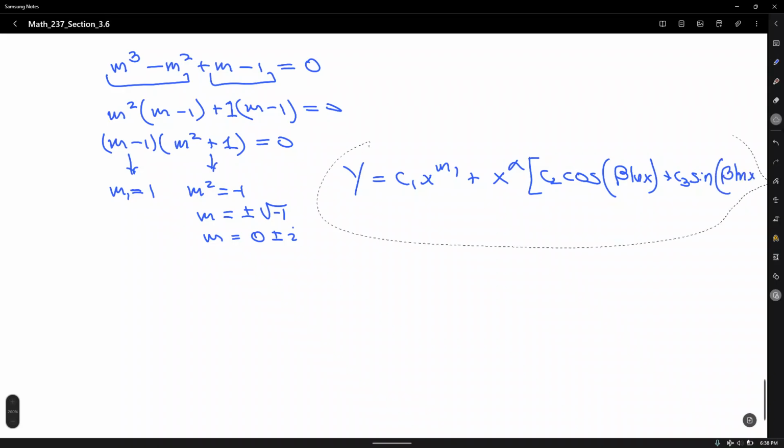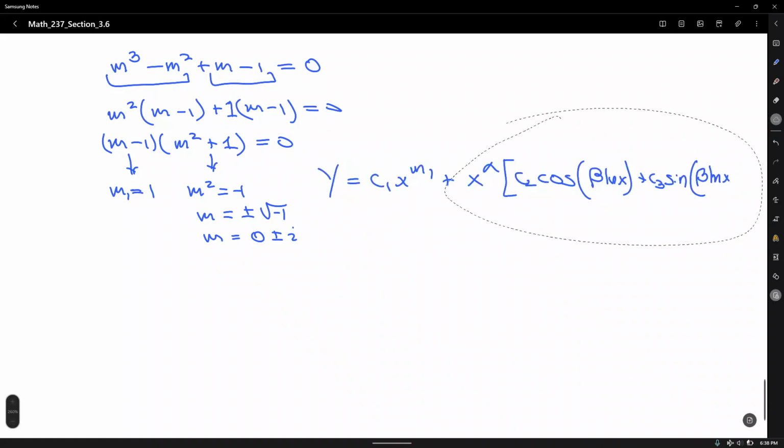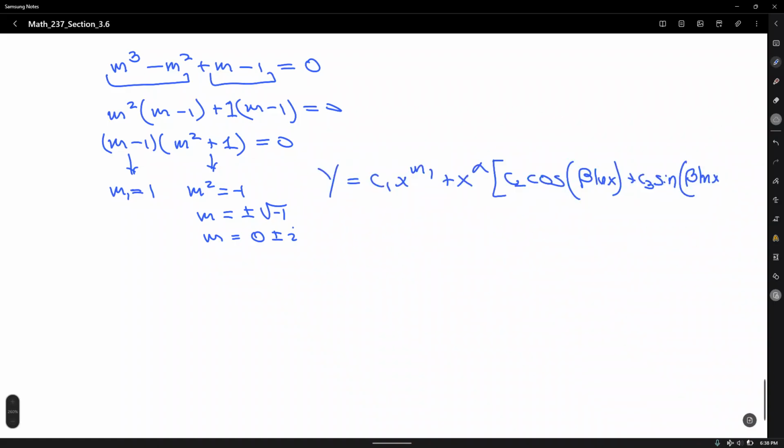Make some room right here. Okay, there we go. Let's just substitute the numbers. y equals c1 x to the m sub 1, which is x to the first power, plus x to the alpha, which is x to the 0 power, c2 cosine of beta, which is 1, times ln x, plus c3 sine of beta, which is 1, times ln x.